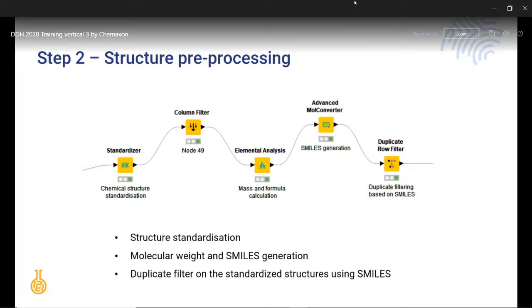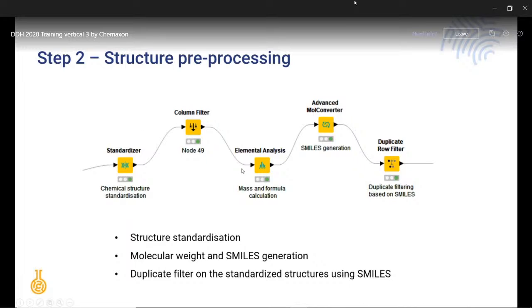For this pre-processing, the key node that we are going to use is our Standardizer node, which can be used to normalize chemical structures.